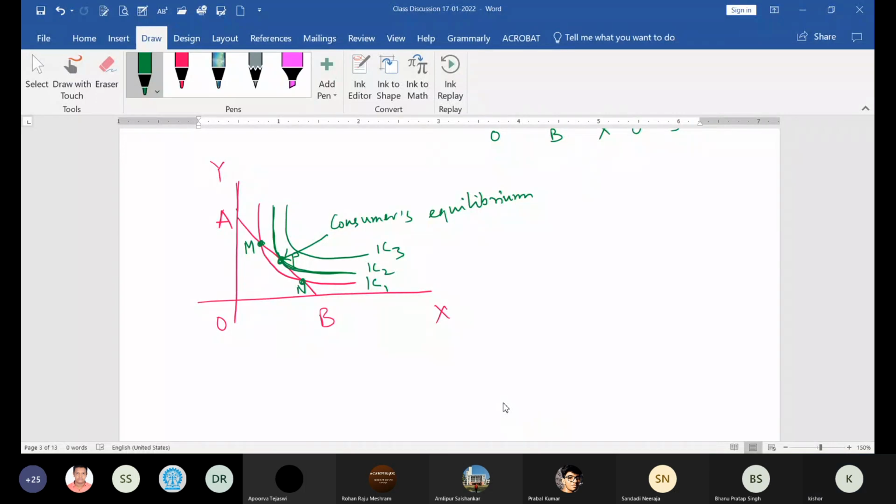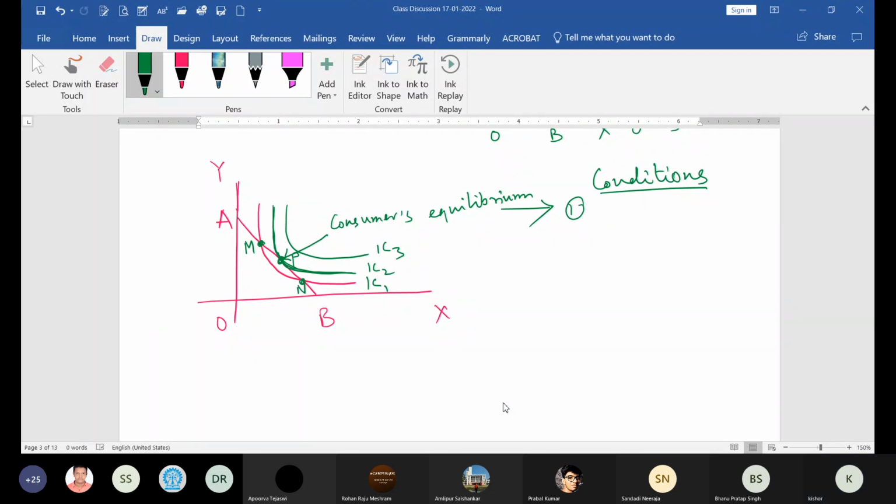Okay. So for consumer's equilibrium, there must be fulfillment of 2 conditions. The first is the first order condition or necessary condition.